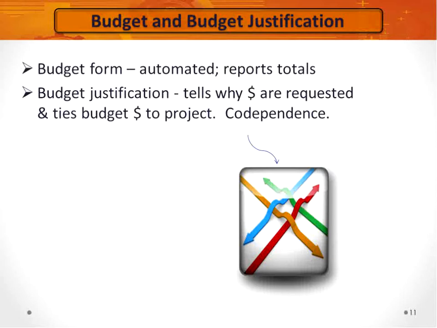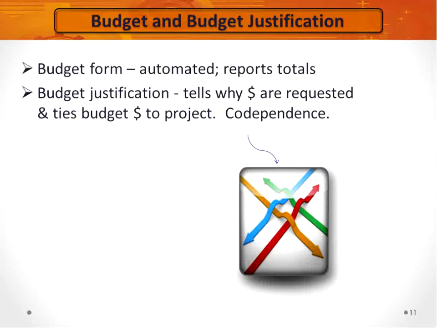The budget section of the Fastlane proposal submission process is designed to generate year-by-year and cumulative budget requests for your proposal. As you proceed, it calculates totals for the separate budget categories and by year. Once budget forms are completed for each year of the project, the automated system generates a cumulative budget for the proposal.